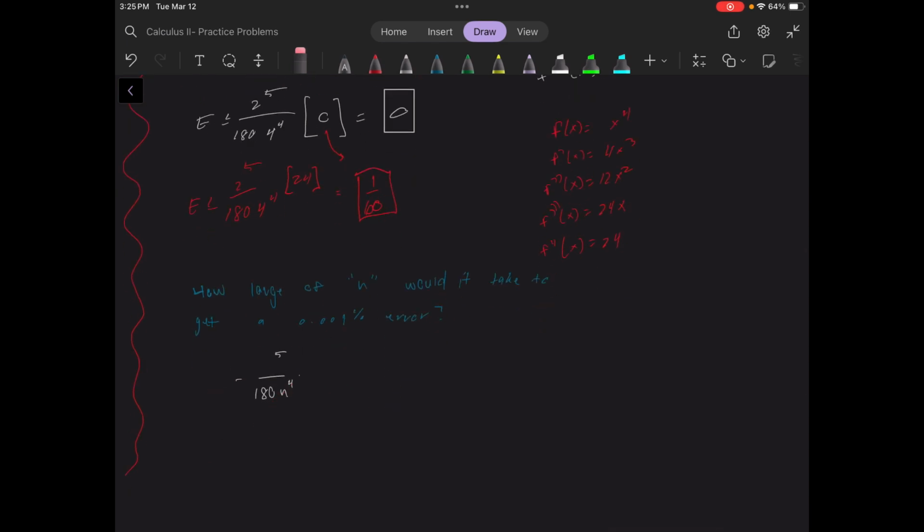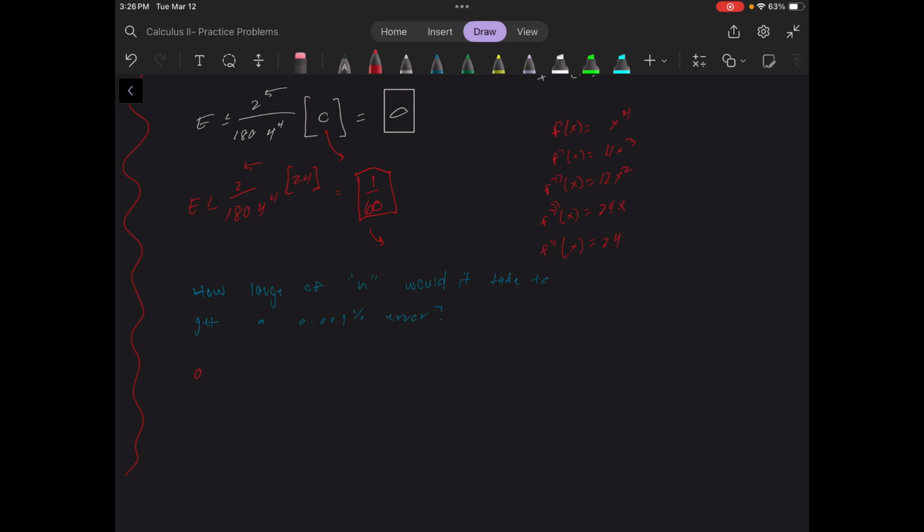So if we get this small of an error, that's not as small as 0.001, right? 1 over 60 as a decimal is 0.0166 repeating, right? So we can get that error smaller by introducing more rectangles.